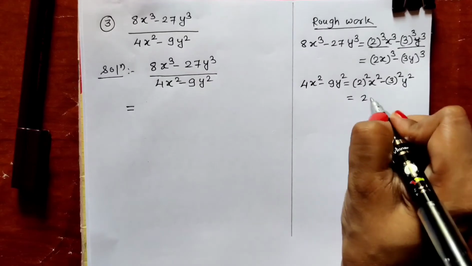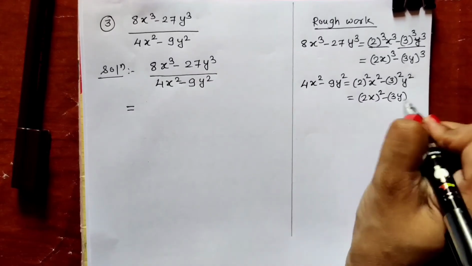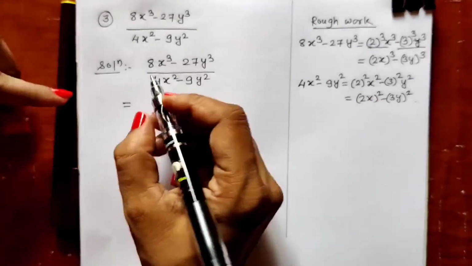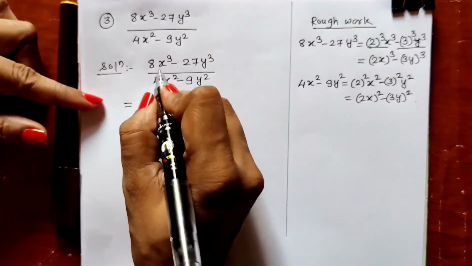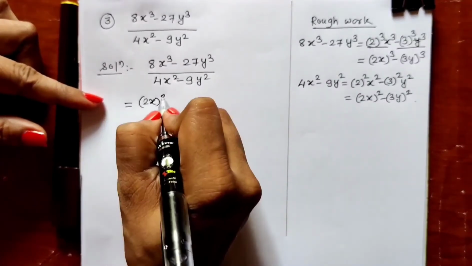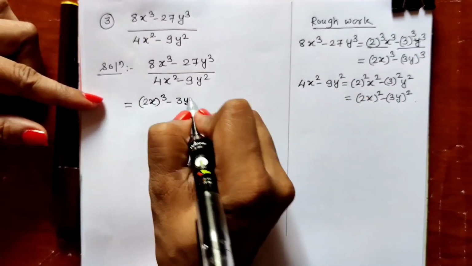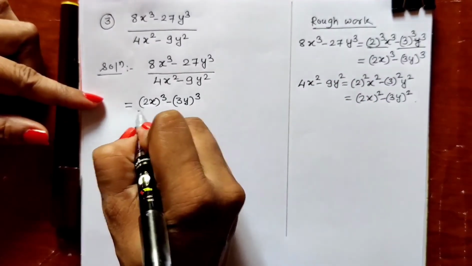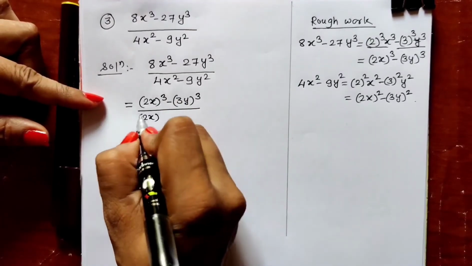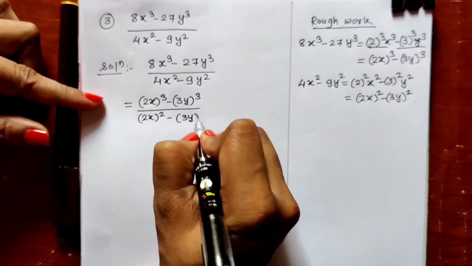So they can be written as 2x whole square minus 3y whole square. So let us write 8x cube means 2x whole cube, then 27y cube means 3y whole cube, upon 4x square means 2x whole square minus 3y whole square.